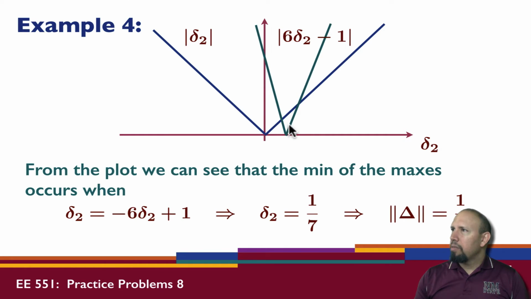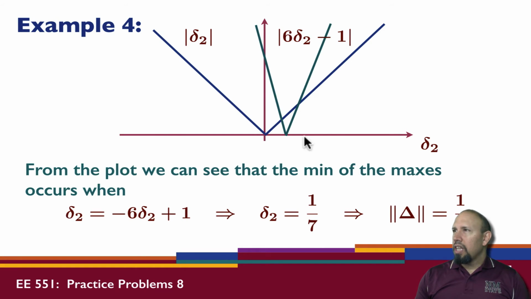Here, this is the maximum. So you can see the maximums change places. And so the minimum of the maximum, so the overall maximum, if I were just to plot the overall maximum, it would be this guy down to here, and then it would be this guy over to here, and then be this guy. That would be the maximum singular value as a function of delta 2. Okay, the minimum of the maximum occurs right at that point there.